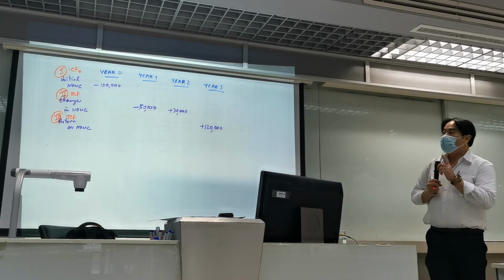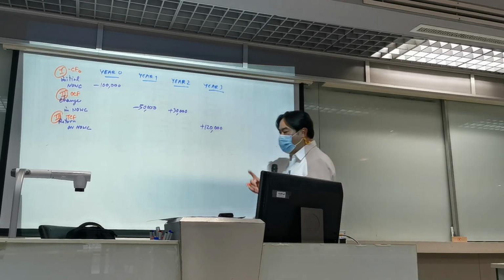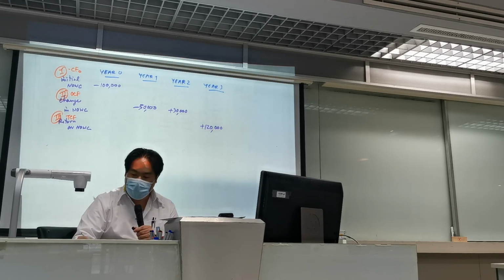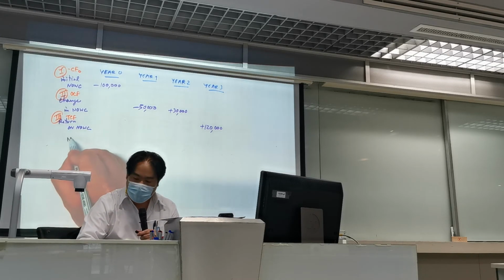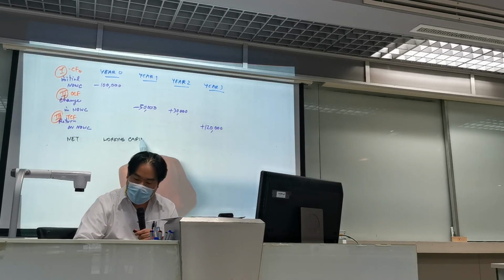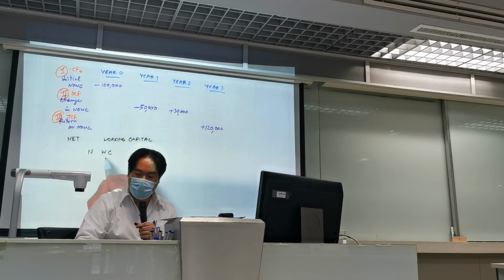Now, how can you calculate net operating working capital? For net operating working capital, by accounting definition, you have what you call net working capital. So in accounting terms, you call this one net working capital, NWC.